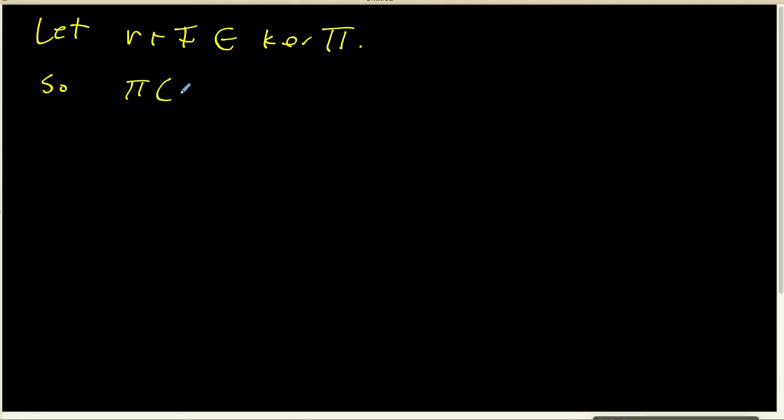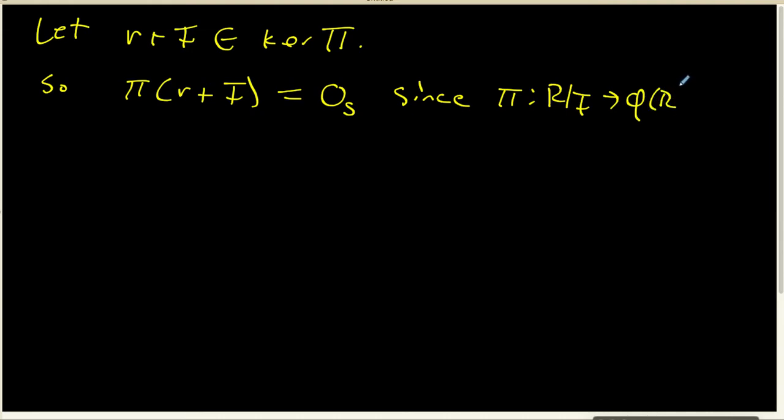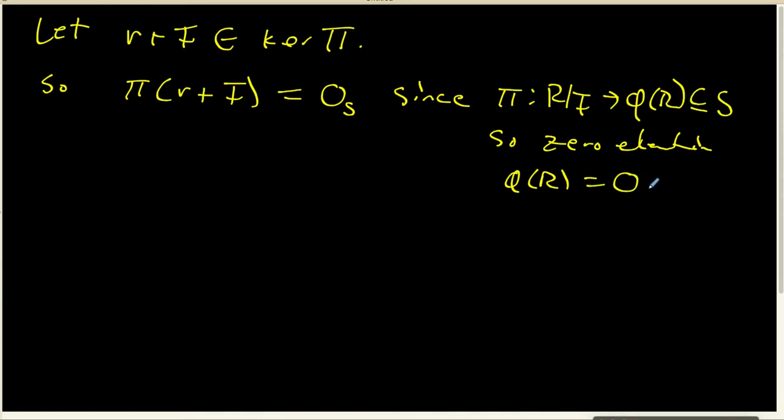That says pi of r plus I is going to be equal to the zero element over in ring S, since pi takes R mod I into phi of R, but phi of R is a subring of S. And so the zero element in our subring phi of R is equal to the zero element in the ring S. But I also know something else.